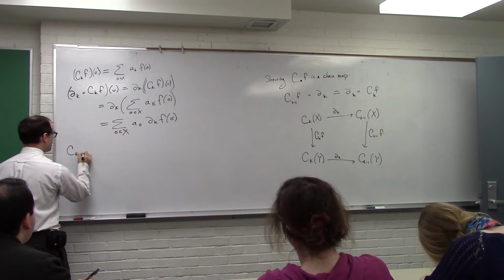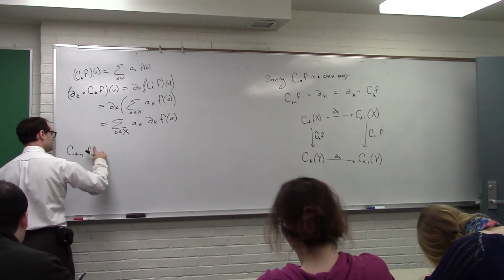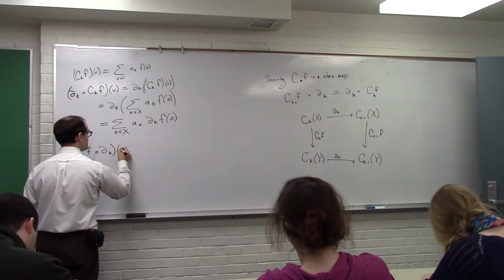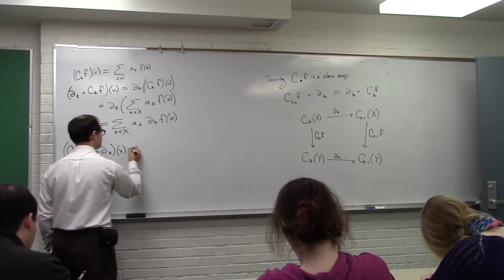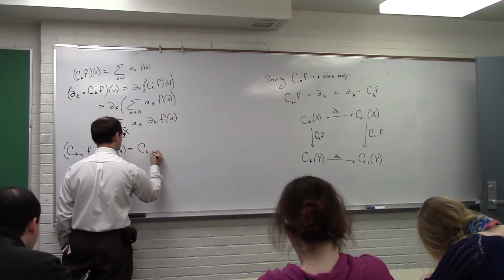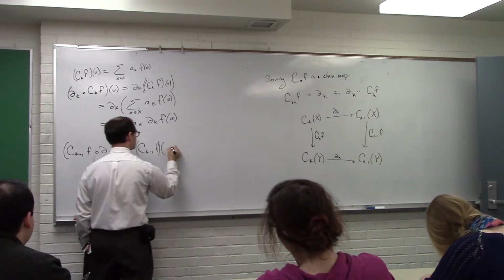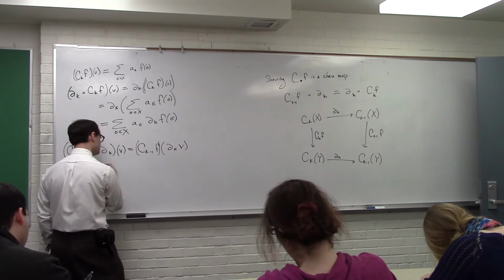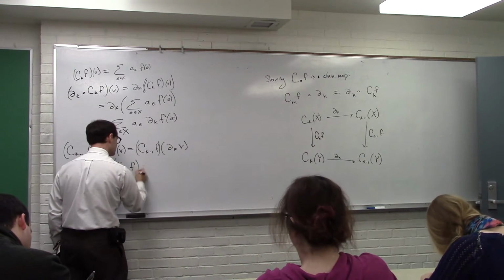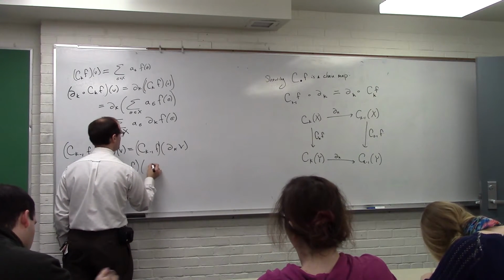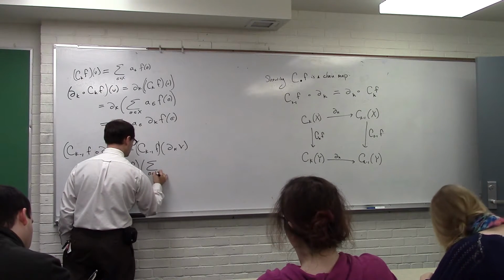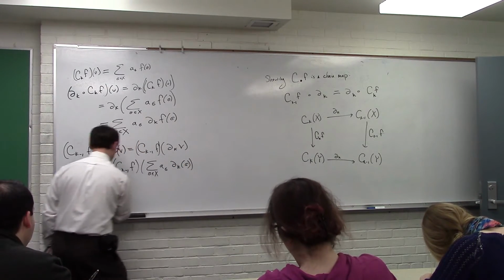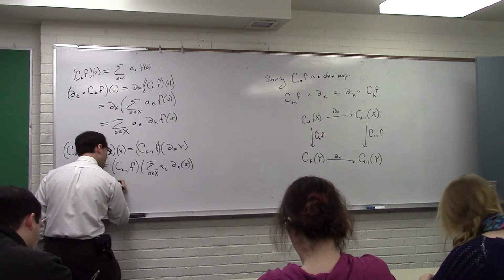First we compute the boundary, and then CK minus 1 on the same V. And again, by linearity, I should be able to pull this all in here.